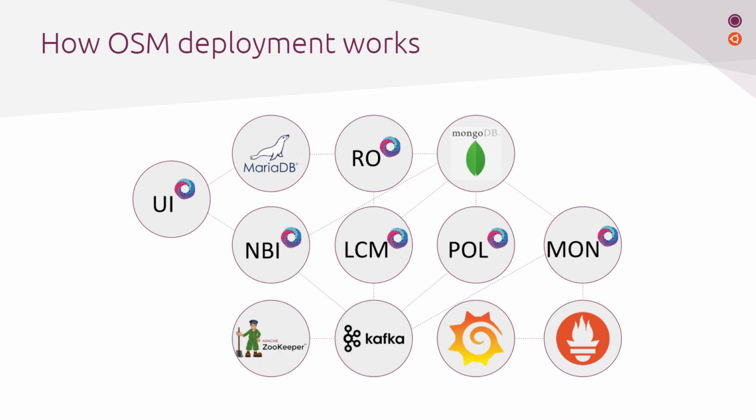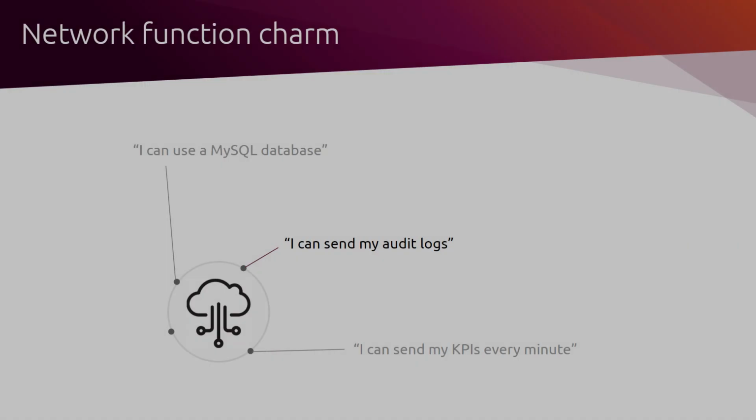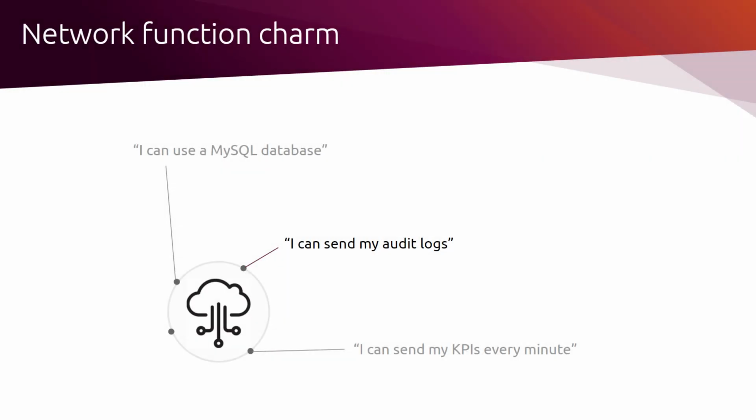If you look at OSM and how it works currently and how it is deployed, it can be deployed with charms, which are basically the way to compose different components and relate them. And actually the same nice and familiar way of deployment can be used for additional functions of your network function. A charm is basically a way to model the complexity of the deployment of an application.